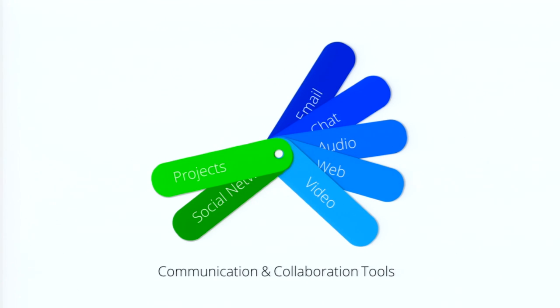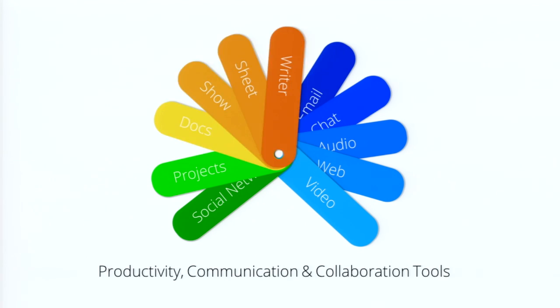How about something like that for your business? That is Zoho Connect. And of course, we have project management, which Hari talked about earlier. And then the authoring tools that Vijay talked about this morning: the document management, word processor, spreadsheet, and presentation applications. These are all productivity, collaboration, and communication applications that we offer today.